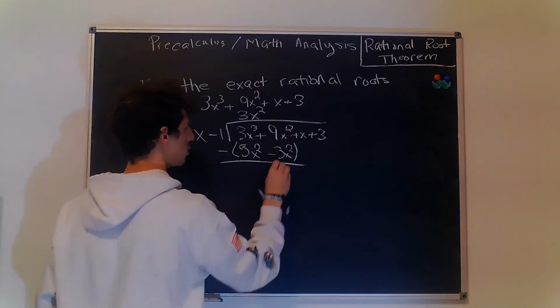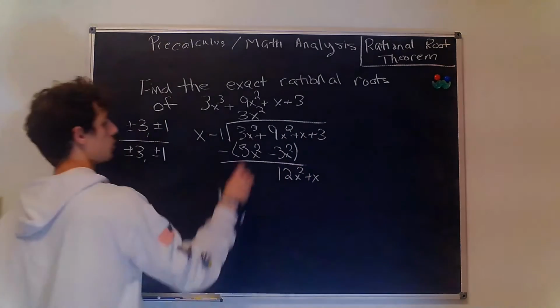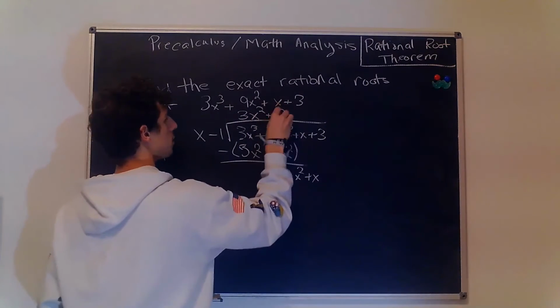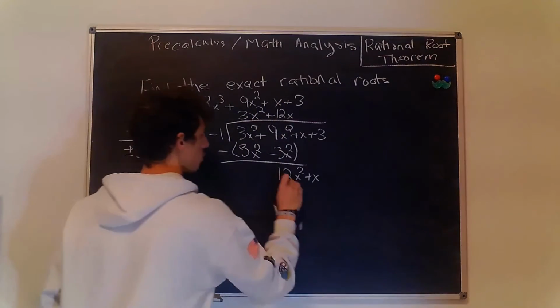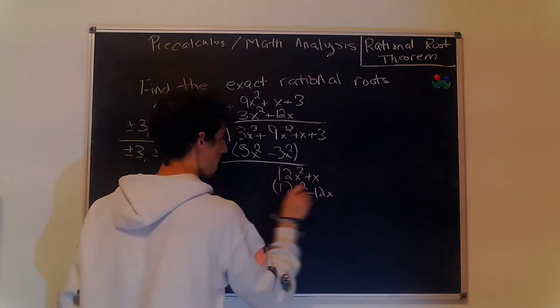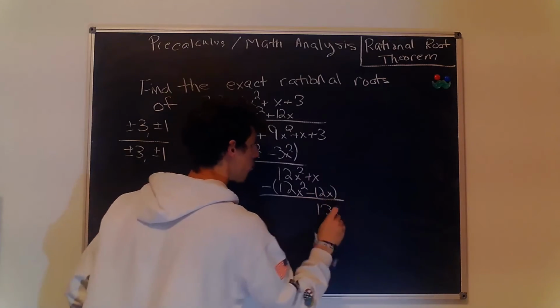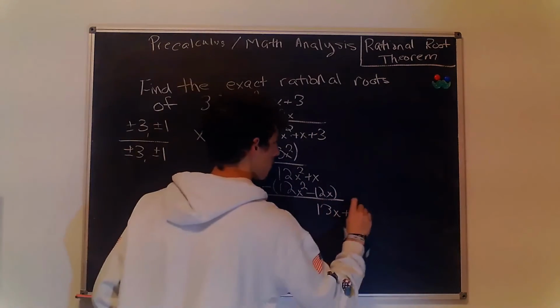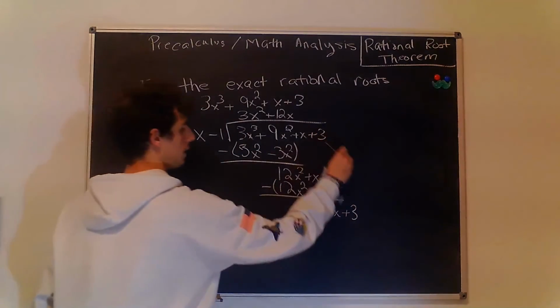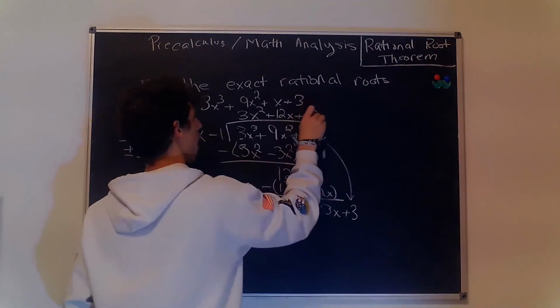So 3x squared times x minus 1 gives 3x cubed minus 3x squared. Subtract that, so that'll be 12x squared plus x. So this is going to be 12x here. So 12x squared minus 12x equals 13x plus 3. Moving this 3 down to here. And now this will be 13.